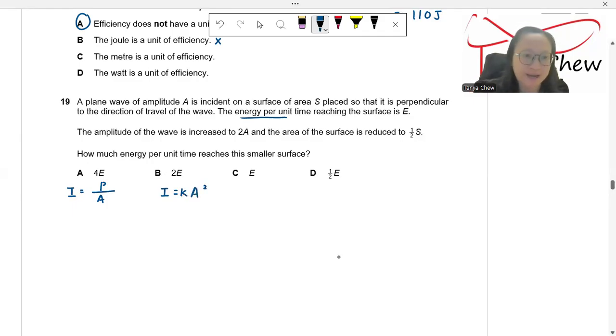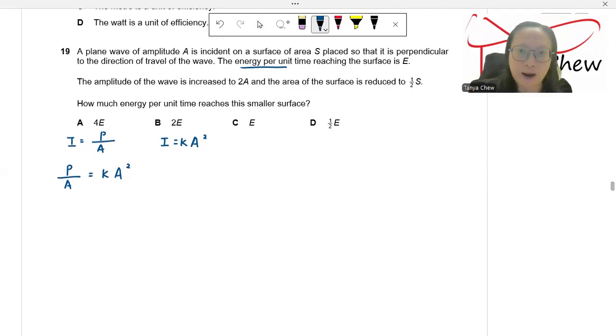So I can also say that power over area is equal to a constant times amplitude squared. So for the first part of the sentence, they give us the power as E and the surface area as S, equal to a constant K times A squared. I put this as the first equation.